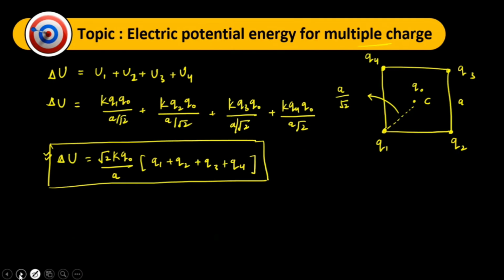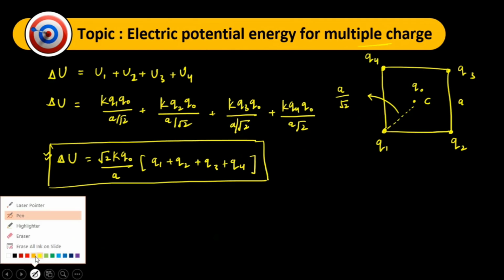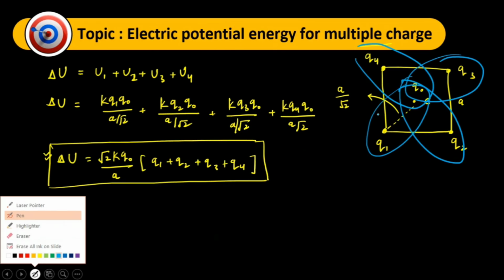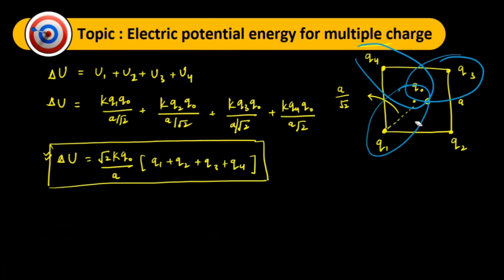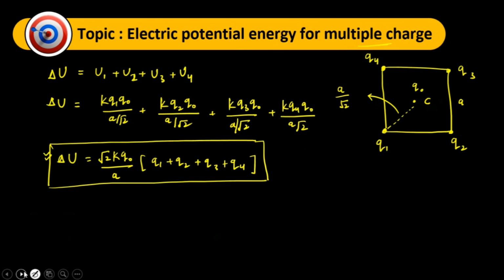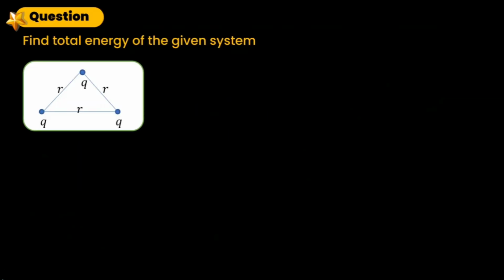But as of now, try to remember that in order to find the net potential energy, we'll add the potential energy due to all the possible pairs of charges in the given system. Here, there were four pairs that we can observe, and we have written potential energy due to these four pairs only, and this gives us the net potential energy. Remember, this is definitely going to come in the exam, and from the exam's point of view, this topic is very important. So let's move ahead and try to understand other factors as well.